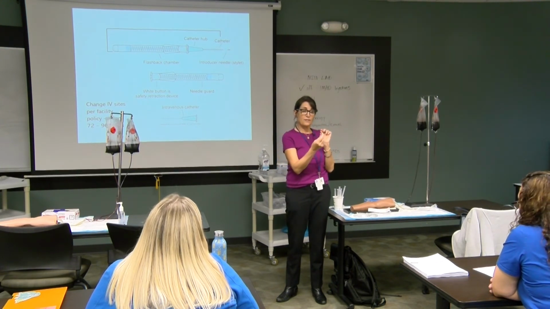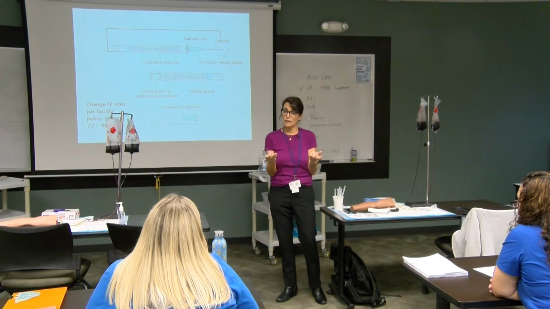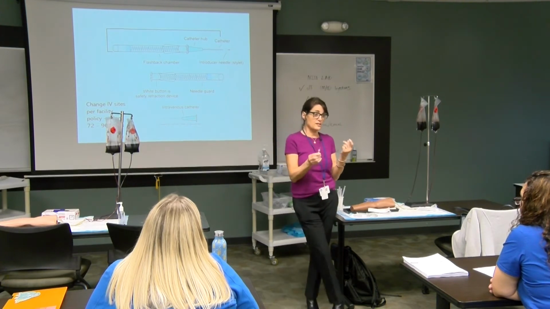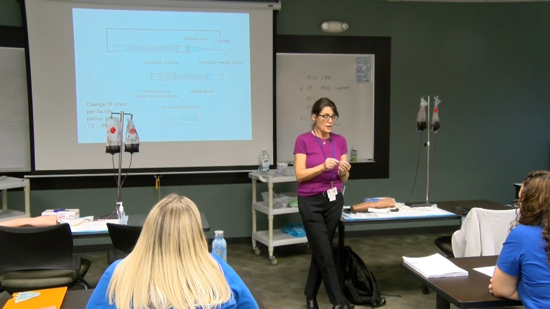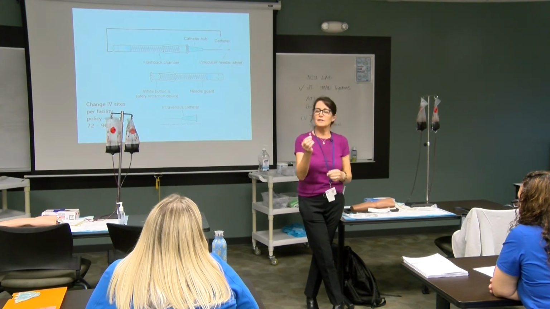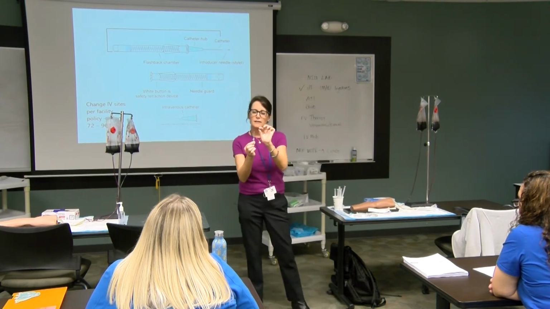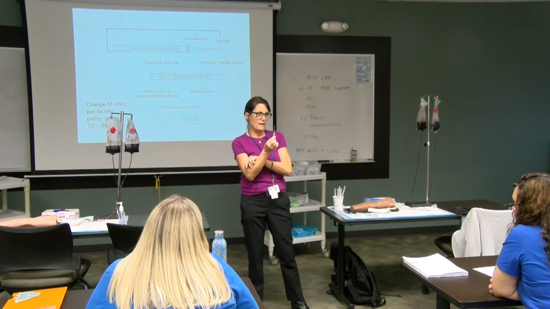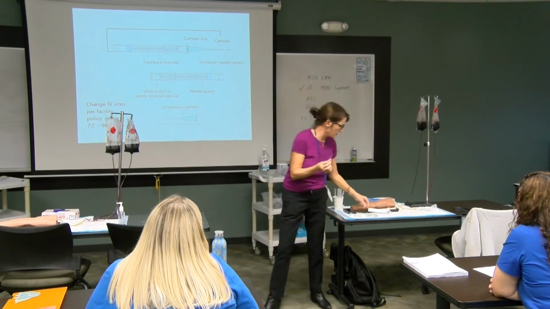This has a safety device right here, this white button, just like the safety devices on our syringes, which helps to prevent needle sticks. One thing I want you to notice, because this affects the technique for inserting the IV catheter, is that the tip of the needle is protruding a little bit out of the catheter. I'm going to pass this around so you can take a look at that.